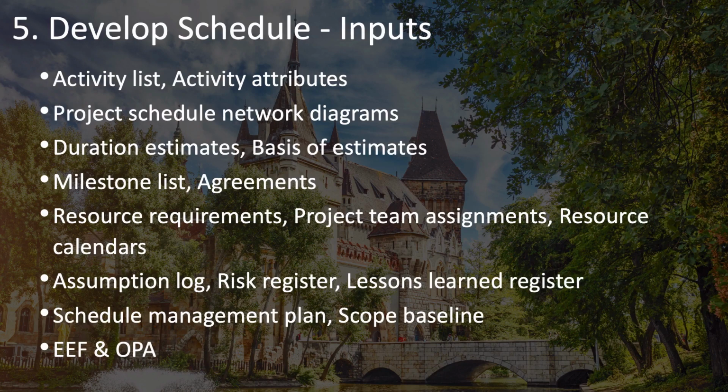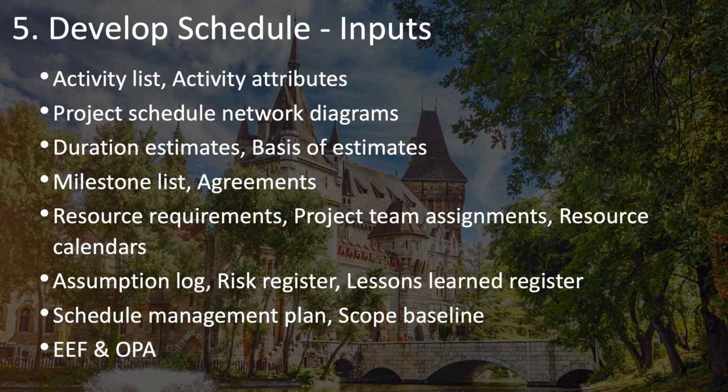This list starts with the activity list and the activity attributes that go with that activity list, the project schedule network diagrams that you've created, the duration estimates that you've created and the basis of estimates, the milestone list, as well as any agreements that could affect the schedule, resource requirements, your project team assignments, and resource calendars being the resource information you need, your assumption log, risk register, and lessons learned register for information about assumptions, risks, and other lessons that can affect how you put together your schedule.